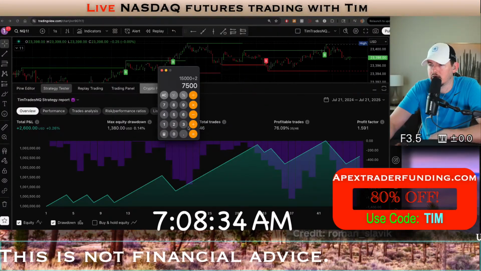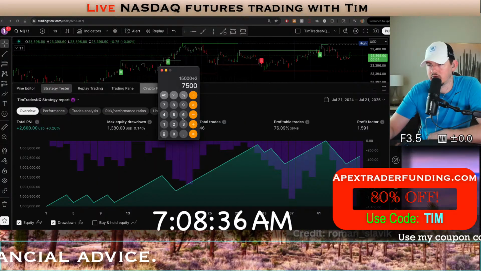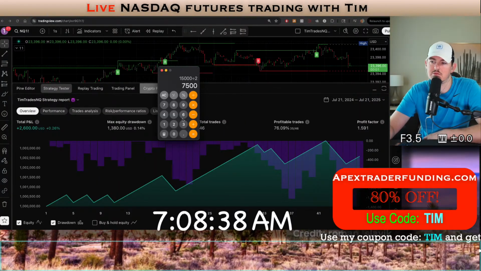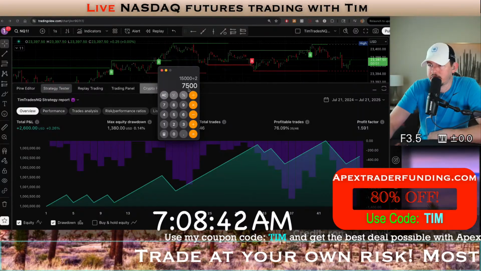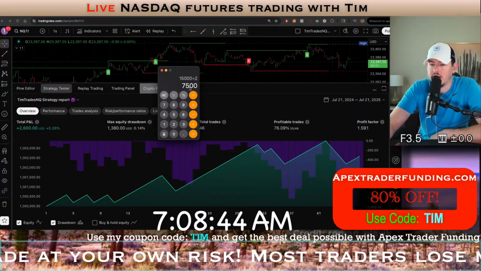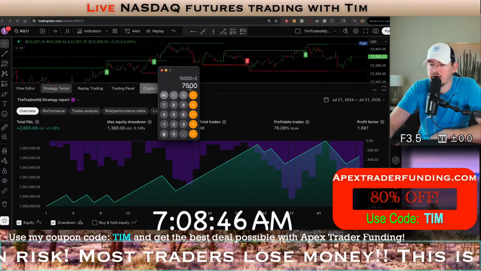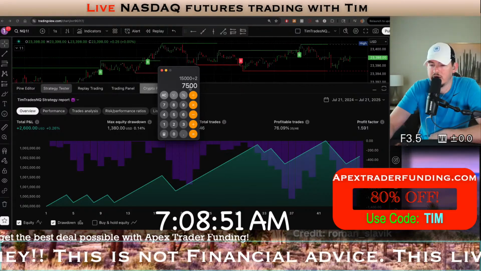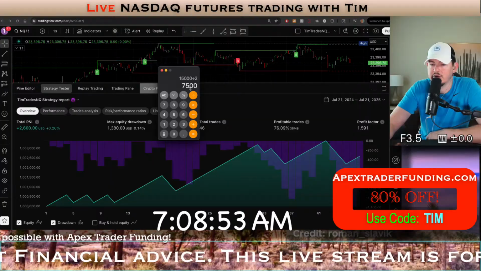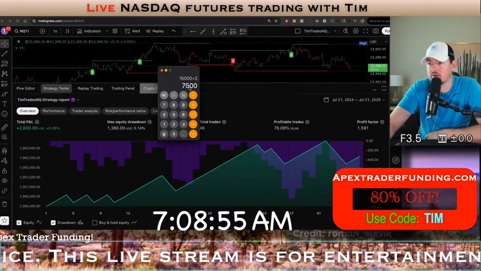See what they did there? Love the Apex, but just pointing out the math. They only give you half the drawdown, which makes it twice as hard to pass a 300K account than it does a 50K account.